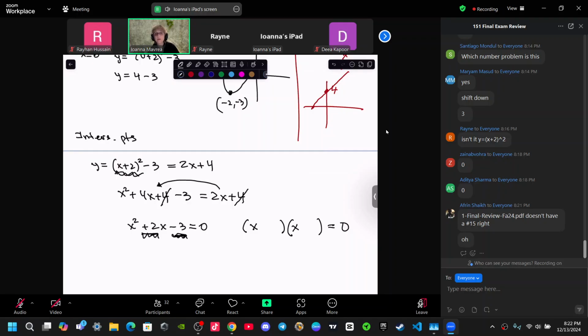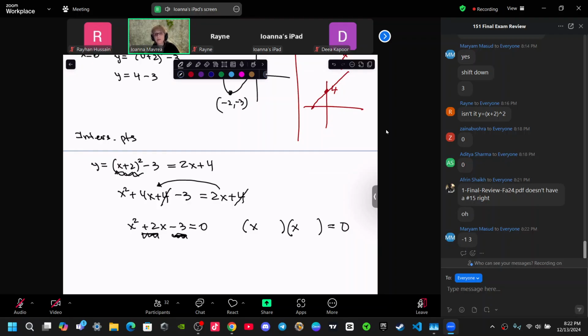Well, if the product is negative 3, it has to be negative 1, 3. It's either negative 1, 3 or 1, negative 3. Well, in order to have a positive sum, the one with the bigger absolute value has to be the positive. Okay, so it's a plus 3 and a minus 1. Product, sure enough, is negative 3. That checks out. Sum, sure enough, is positive 2. That checks out. Okay, so you have x is equal to negative 3 and x is equal to 1.